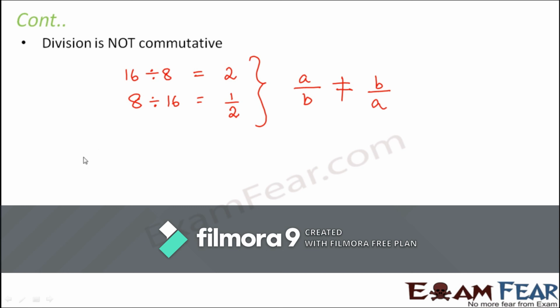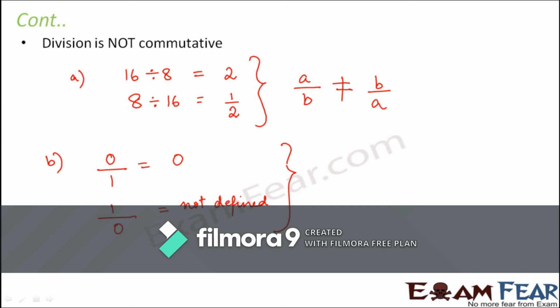If you want, we can take another example. So this is example number 1, and let's take another example. Let's say 0 divided by 1 is 0. But when you divide 1 by 0, it is not defined. So overall, we can say that division is not commutative.